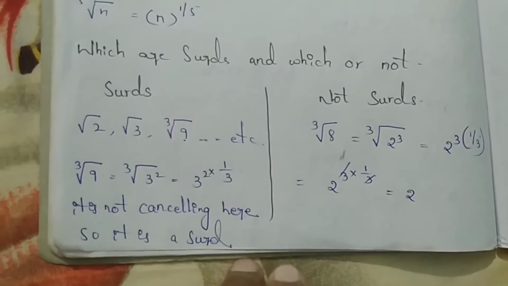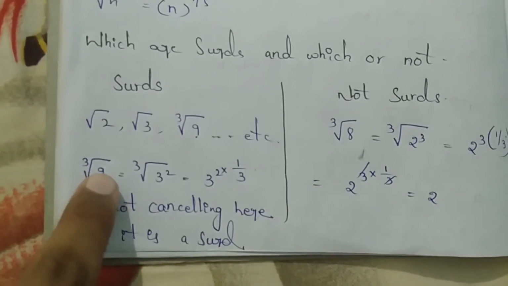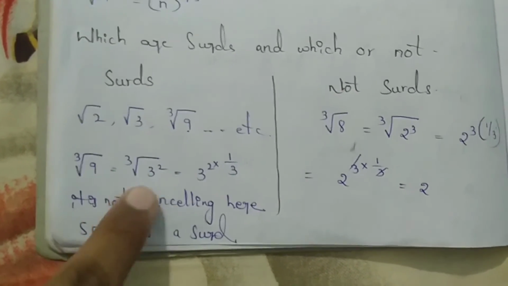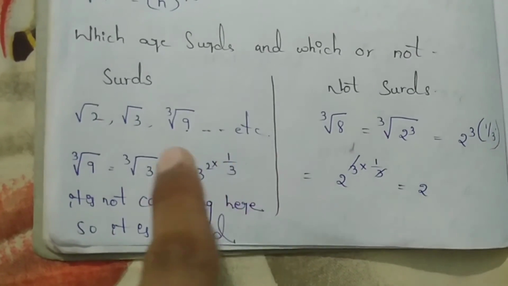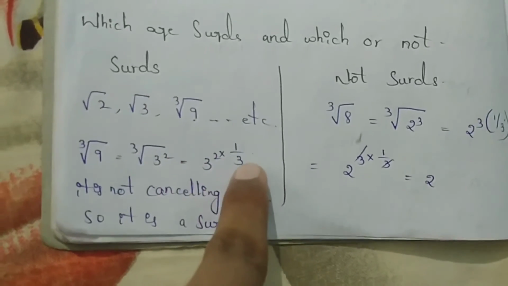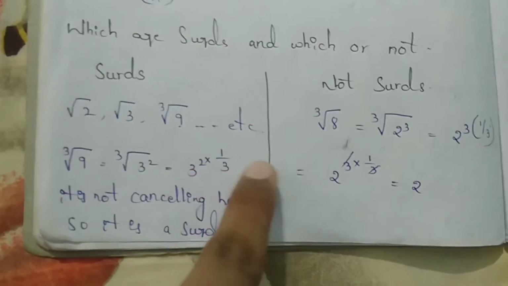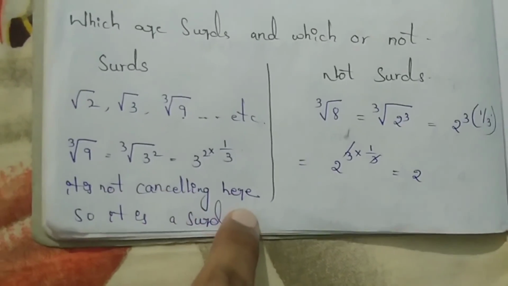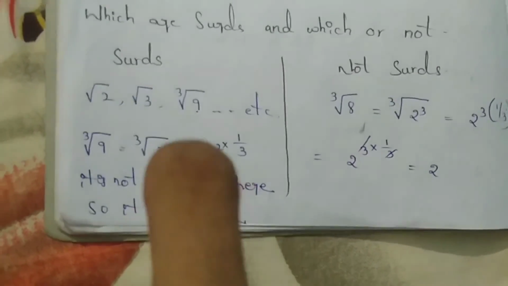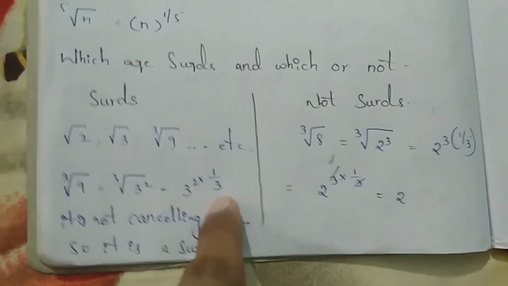The cube root of 9 is nothing but 3 square into 1 by 3, and we cannot cancel it. If it is not cancelling here, it is a surd. If it cancels here, it is not a surd.